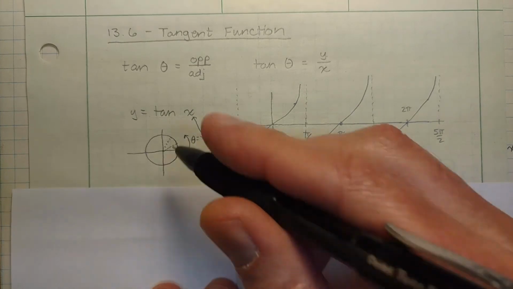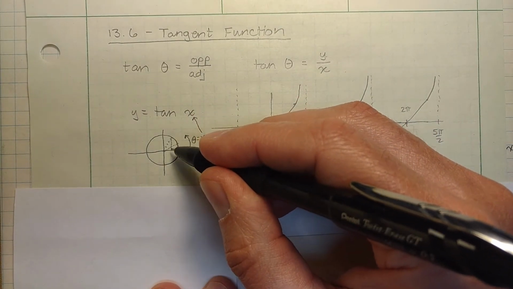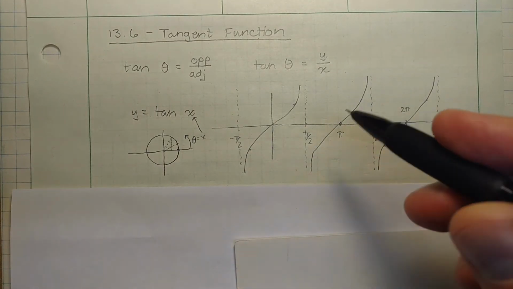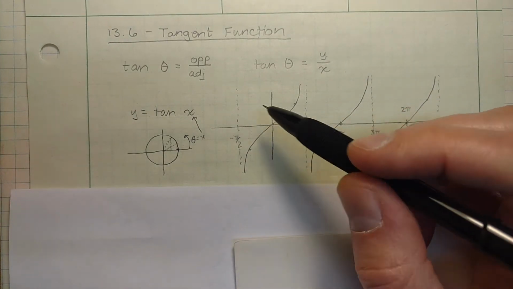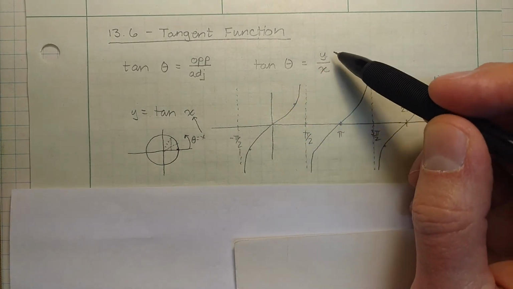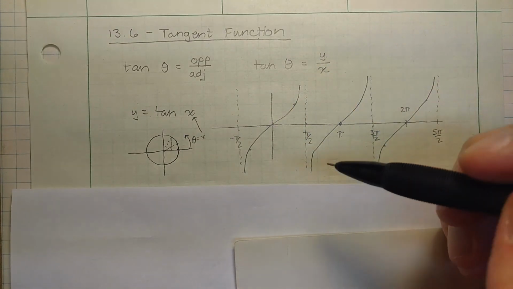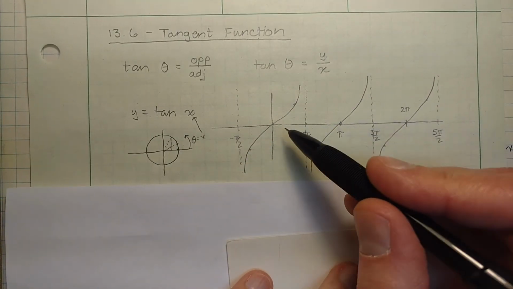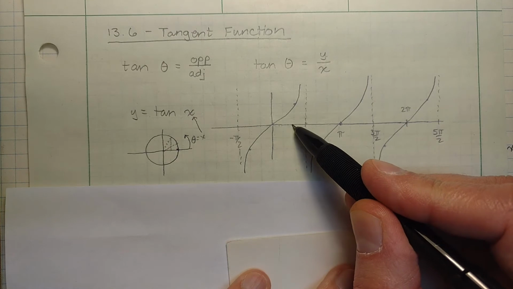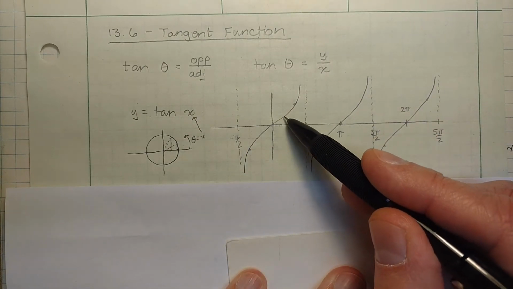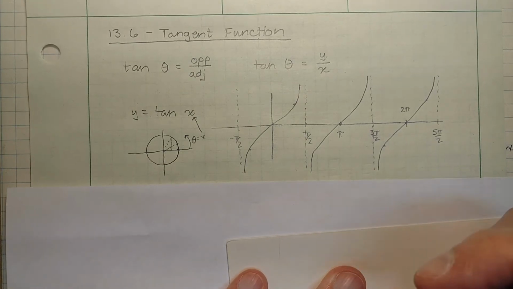So as I create triangles as I go along, my y values get bigger, my x values get smaller. So my fractions are getting bigger. When I divide the y coordinate by the x coordinate, it gets bigger. So as my angles get bigger, my fractions get bigger, and so my graph goes up like this.